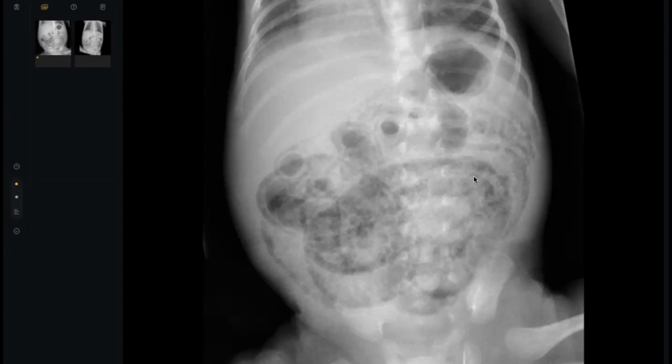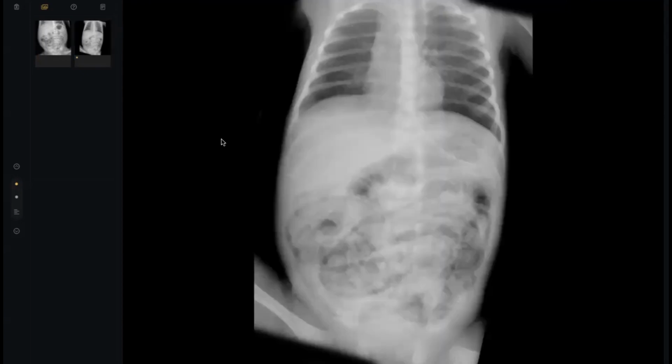But this patient may be associated with something else. Look at this and tell me. Could you detect anything? What about the lung?